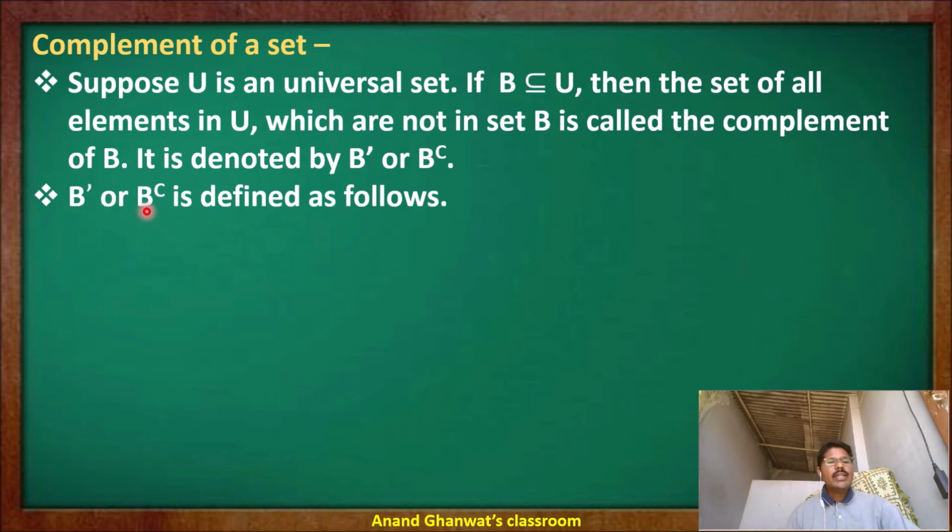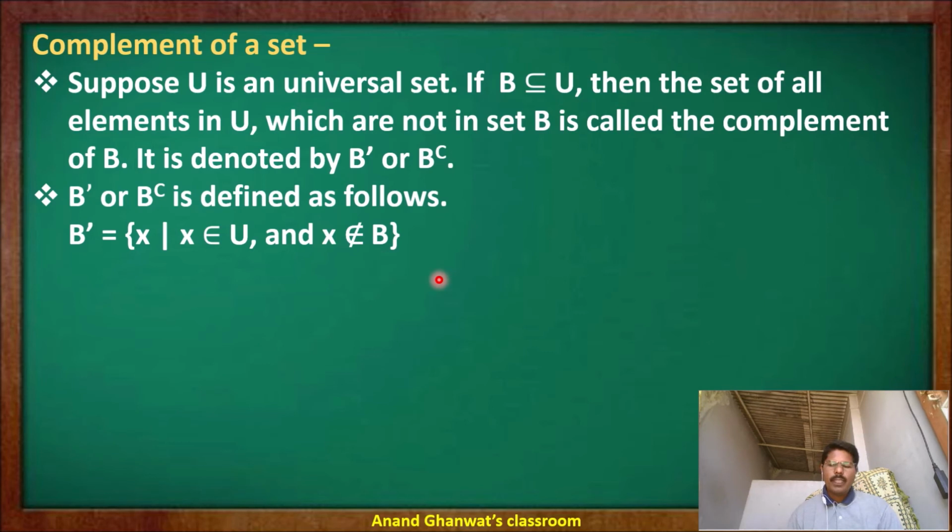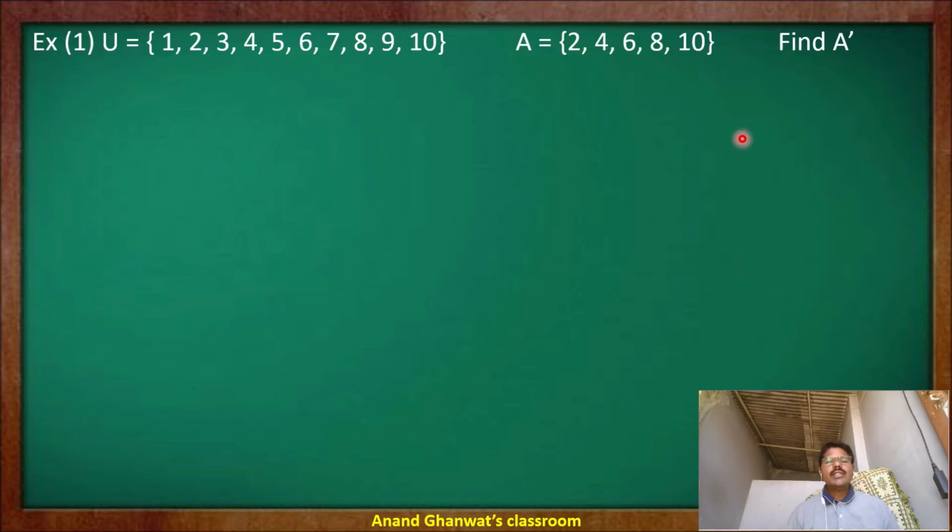So B dash or B complement is defined as follows. B complement is equal to the set of all x such that x belongs to U, meaning x is a component of the universal set, and x does not belong to B. So all the remaining elements except the elements of set B are called the complement of set B. Now let us understand with an example.